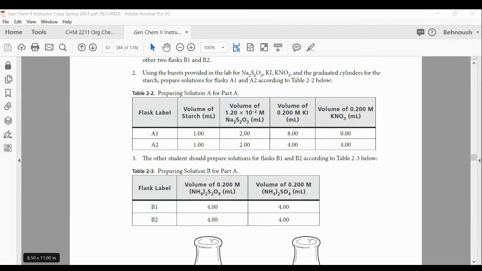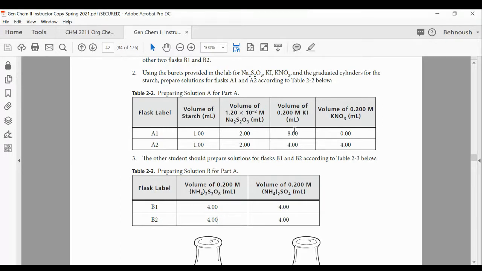Okay. So what we are trying to do here, between A1 and A2, we keep the concentration of S2O8 the same, right? We keep the volume, the quantity, for S2O8 the same, but we are changing KI.